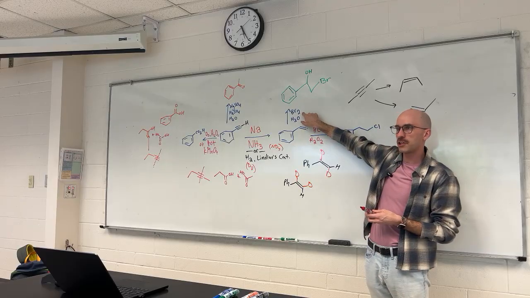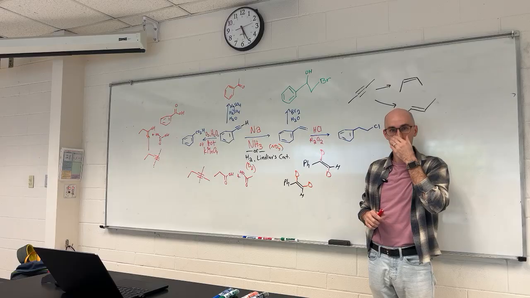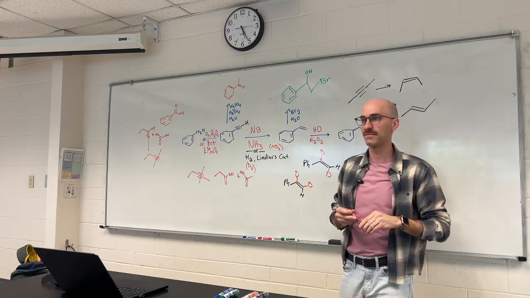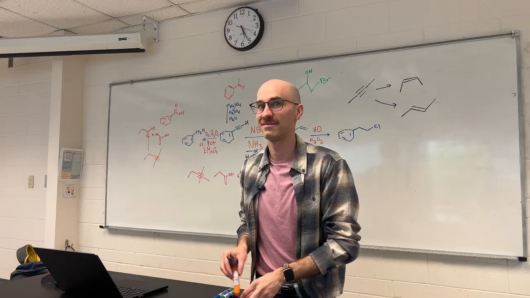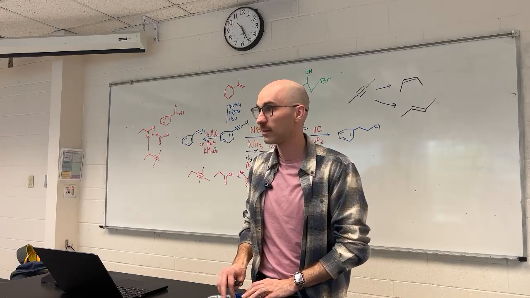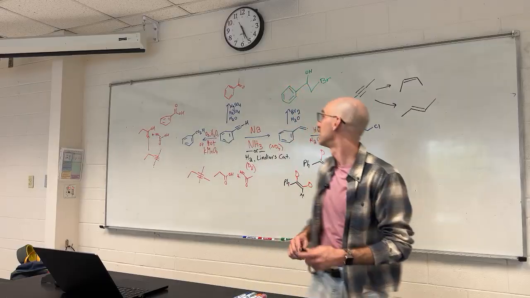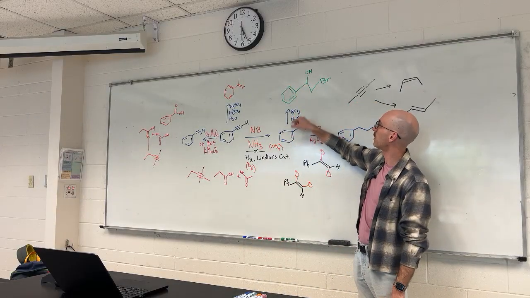What type of reaction are we running by mixing it with bromine and water? Name for the reaction? Halohydrin. It's halogenation in a polar protic solvent.